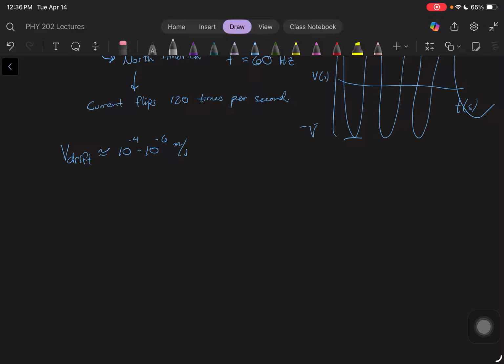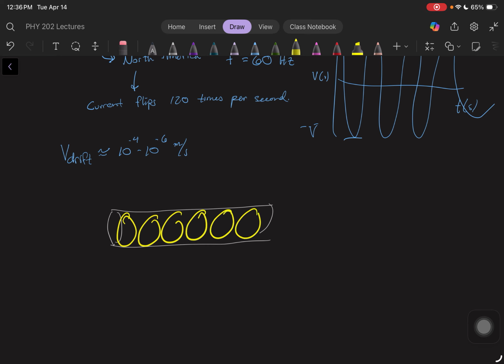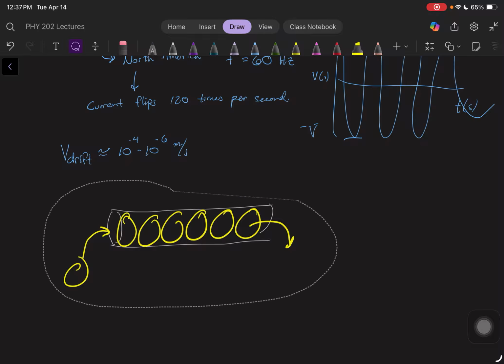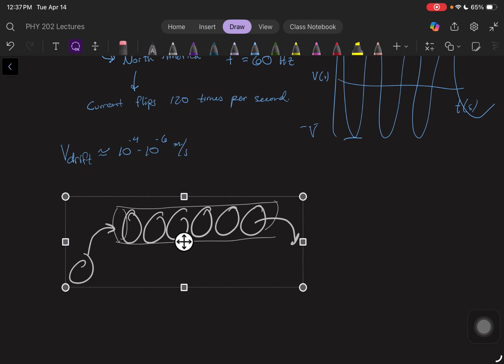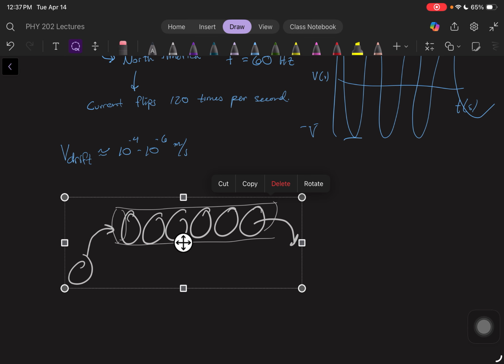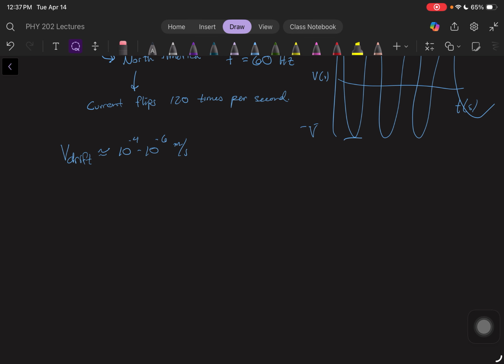We picture electrons in a circuit like a bunch of marbles in a tube, and if you take an extra one and push it in, then the one on the end pops out, and so it instantaneously travels through the whole circuit. So that's one of the ways we kind of think about it, even though that's not entirely correct.